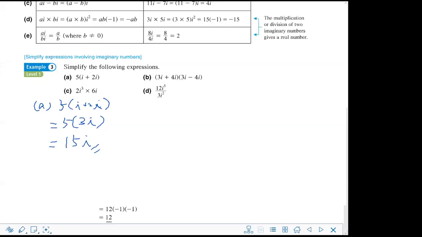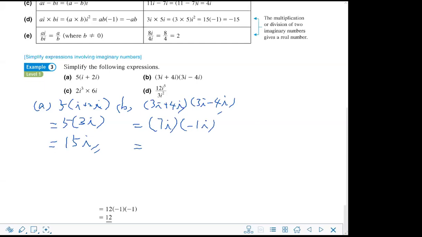Okay, in part B, we have (3i plus 4i) times (3i minus 4i). Within the first bracket, we have two like terms adding together, 3i plus 4i. It becomes 7i, right? And then for the second bracket, 3i minus 4i, we have negative 1i, or just negative i is okay. 咁你負 i 或者寫負1 i 都冇乜所謂嘅。And then these two brackets are multiplying together.